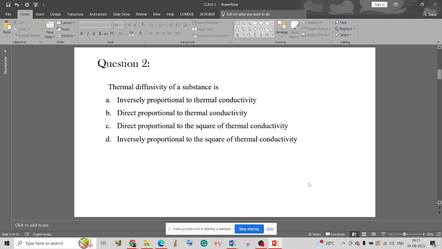Anyone who wants to answer? Just remember the formula of what the thermal diffusivity is. So how is thermal diffusivity related to thermal conductivity?